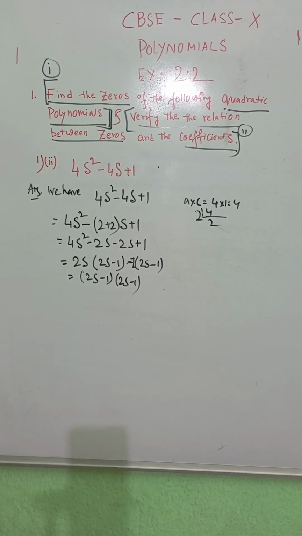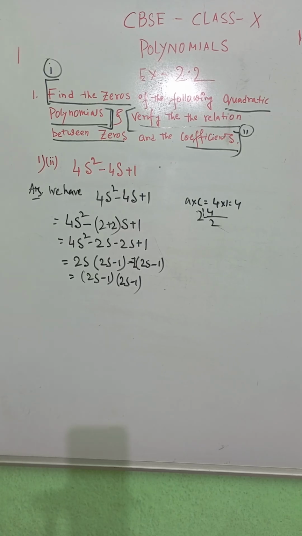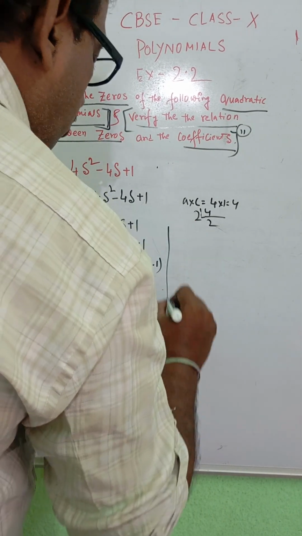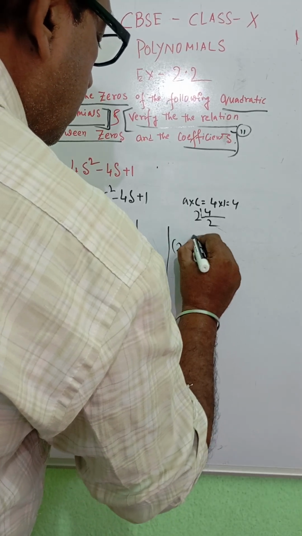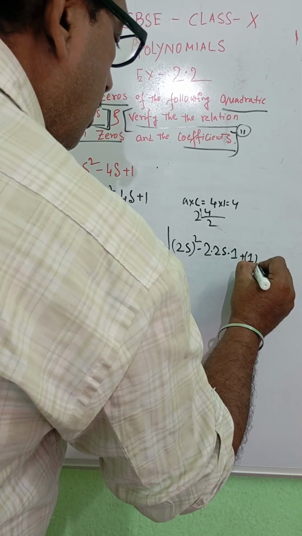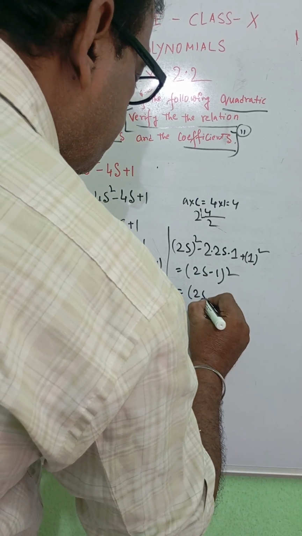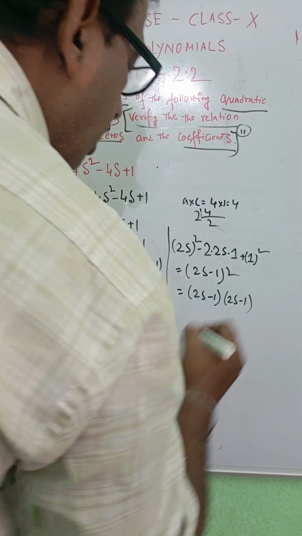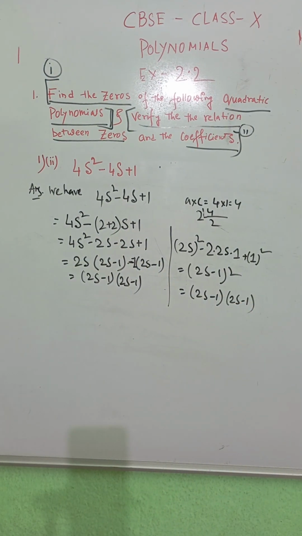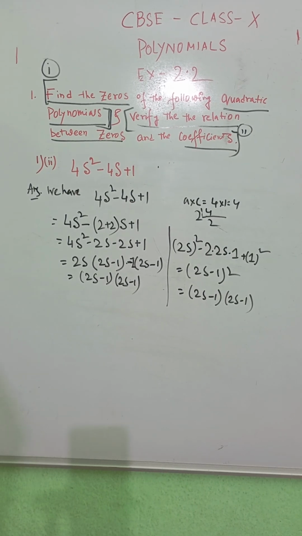We are not applying the identities over here, because we can do that, but we make a rhythm that for a quadratic polynomial we have to do the middle term factor.